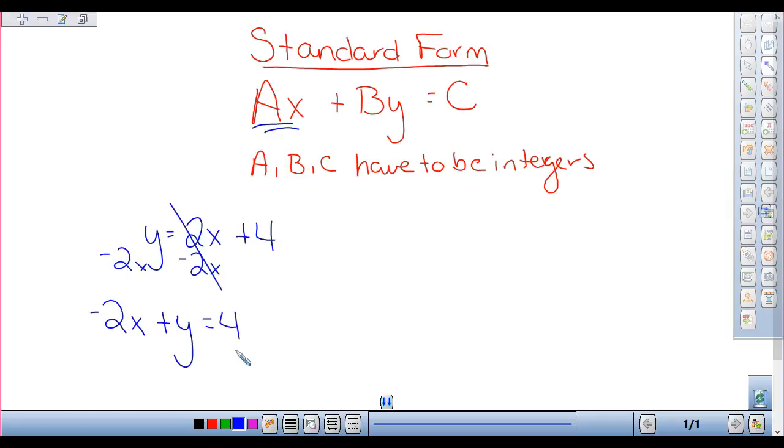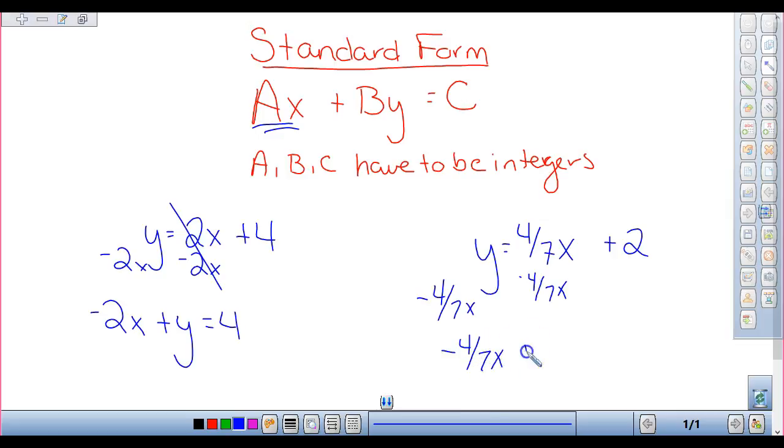All right, so let's say that you have y equals 4/7 x plus 2. What would we have to move? We're going to move the 4/7. So we're going to subtract 4/7 x. Subtract 4/7 x. So what do I have over here? Negative 4/7 x plus y equals 2.